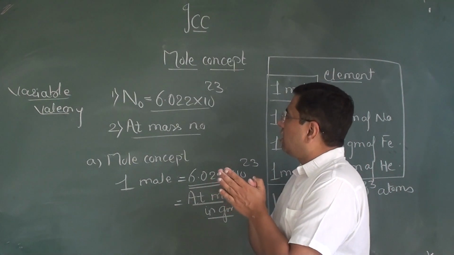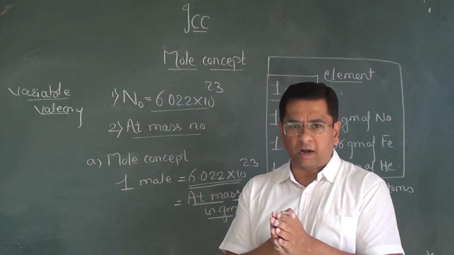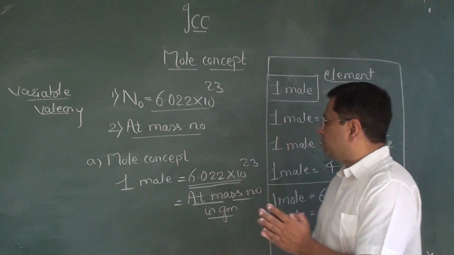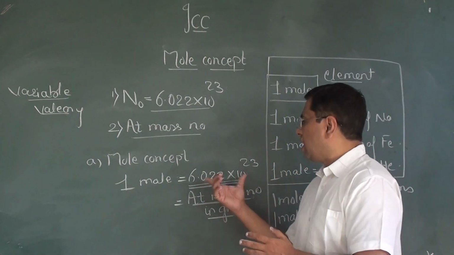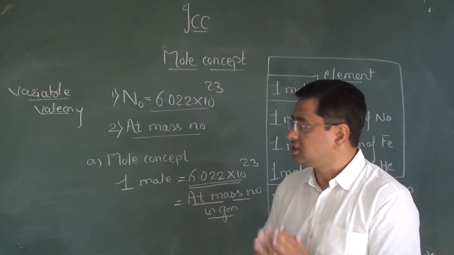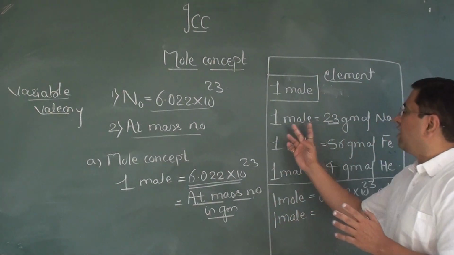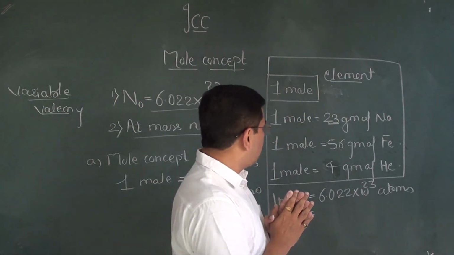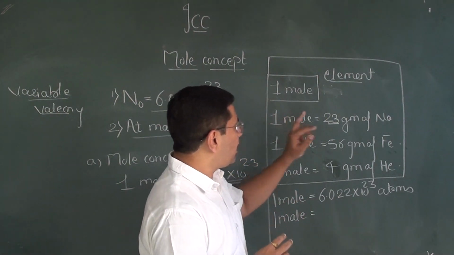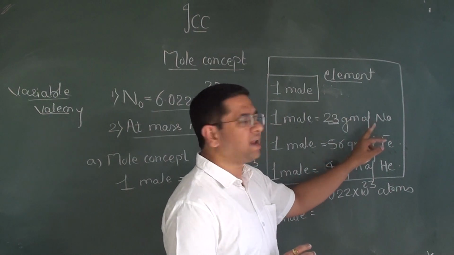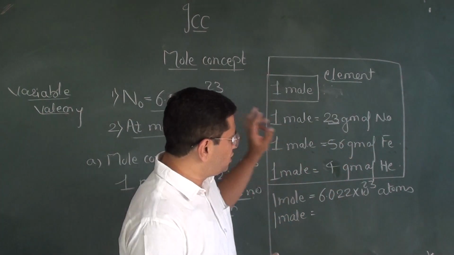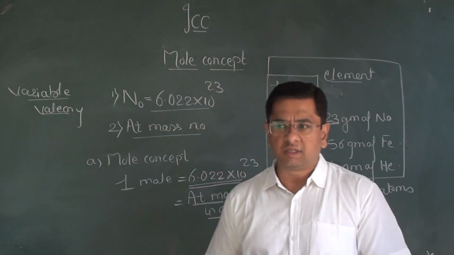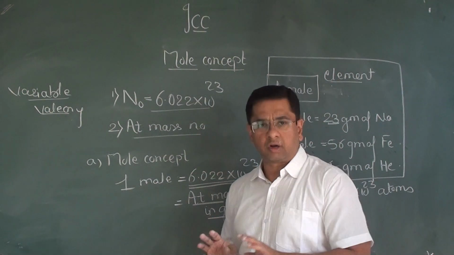Mole concept is the fundamental part of chemistry, and 1 mole of any substance consists of Avogadro's number itne particulates and 1 mole of any element is nothing but atomic mass number के जितने grams of that element. So if you put these two things in your brain properly, many of the numericals in chemistry will be sorted out.